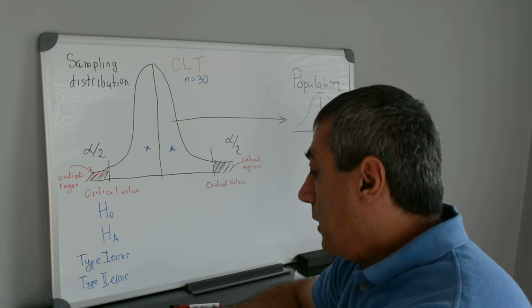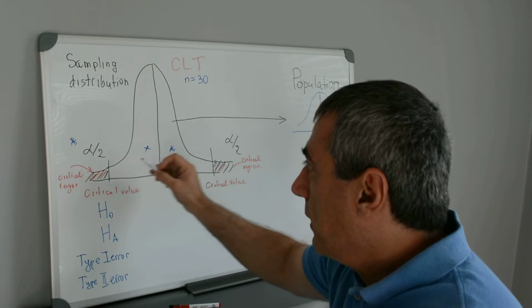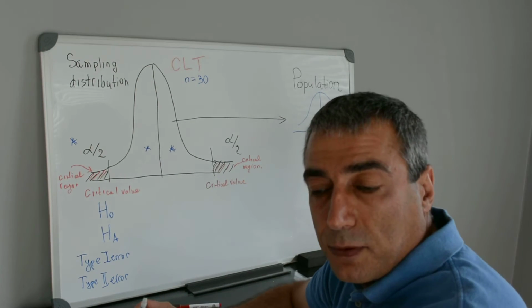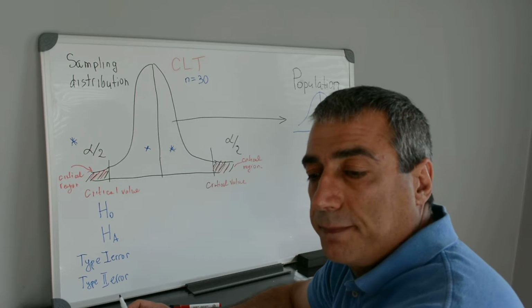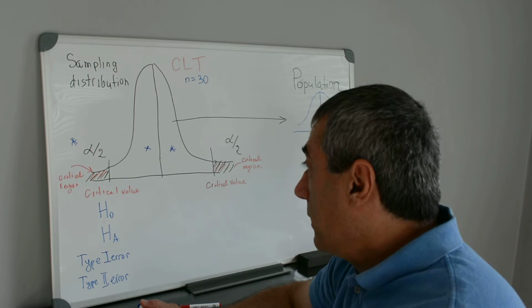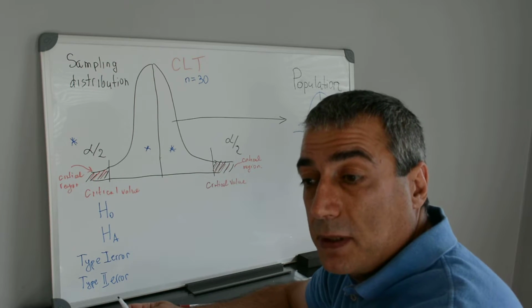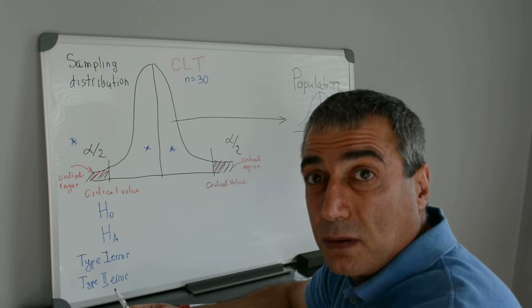When the test statistic falls very far away from the sampling mean, then we have a good reason to say that the hypothesized parameter is not true.